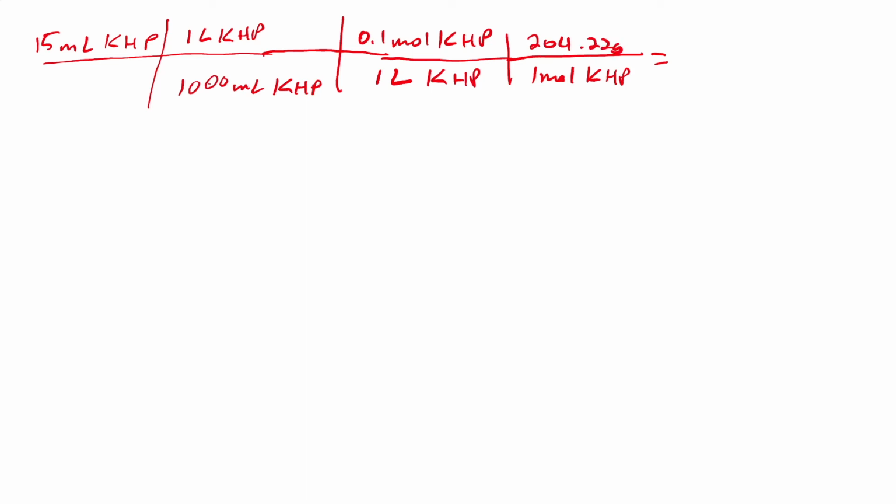And that will get you to grams of KHP because you cancel out mils with mils, liters with liters, moles with moles, right? The only thing you have left is numbers and what? Grams. Okay? The only thing you have left is grams.